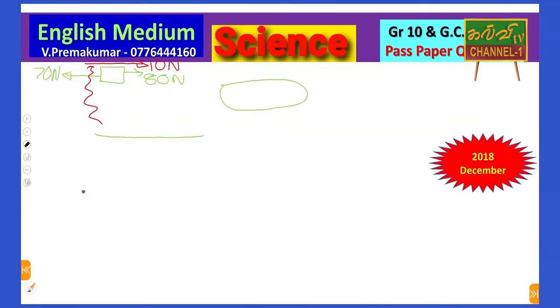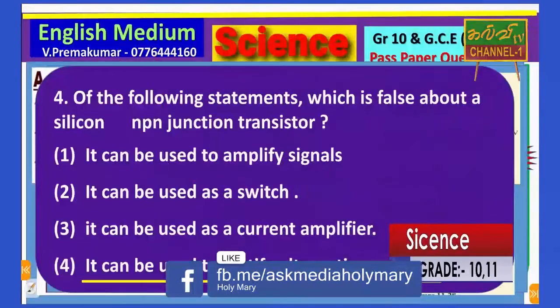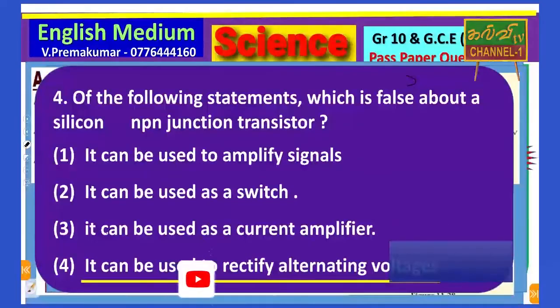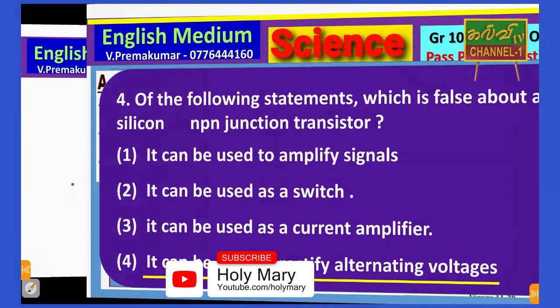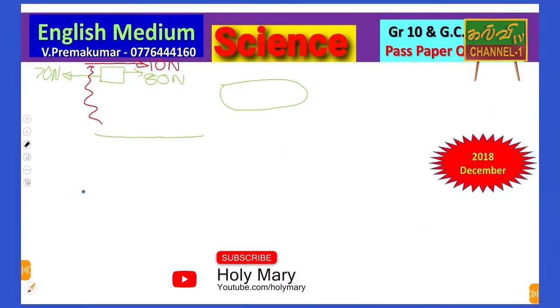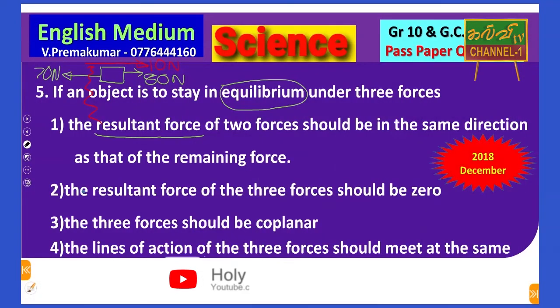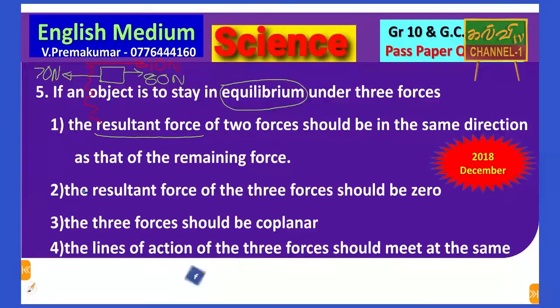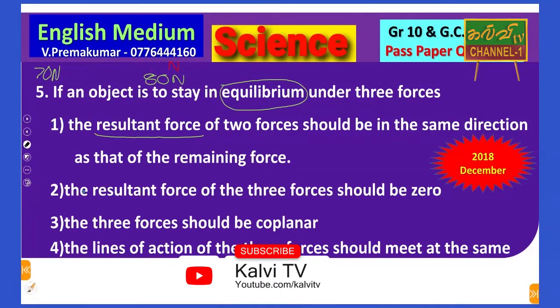We can use so many forces, but what is the resultant force? The resultant force of two forces should be in the same direction as that of the remaining force, right. We will study that.